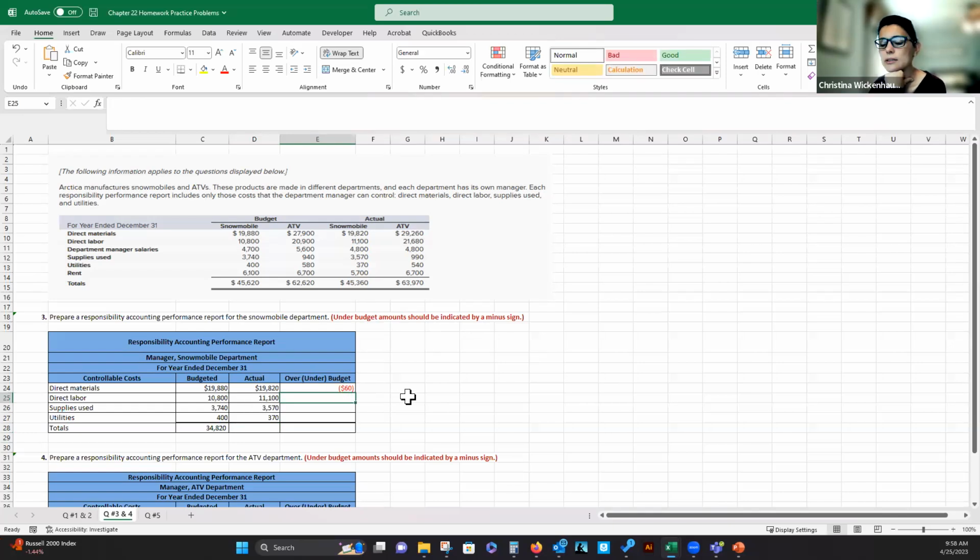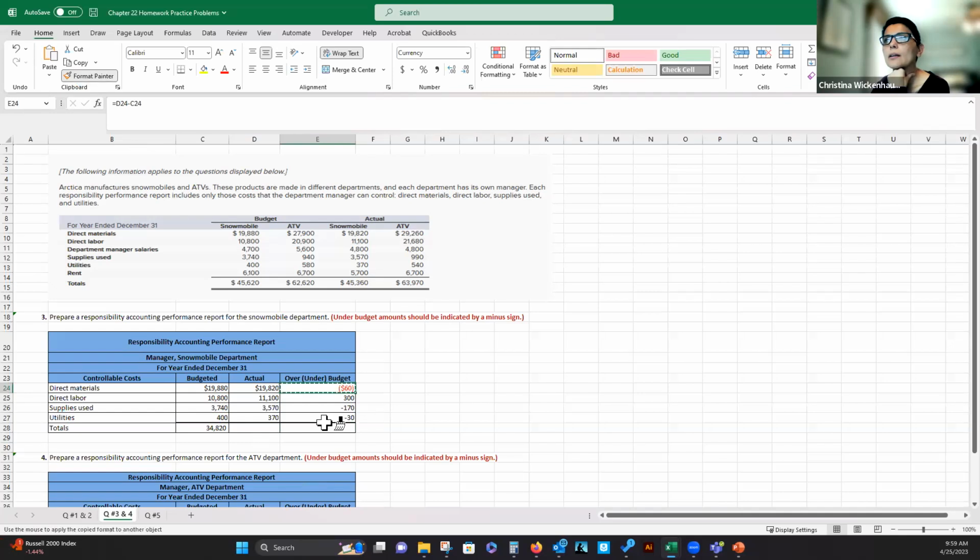It's less than. And so again, take the actual minus the budget, equals actual minus the budget. Oops. Equals actual minus the budget.